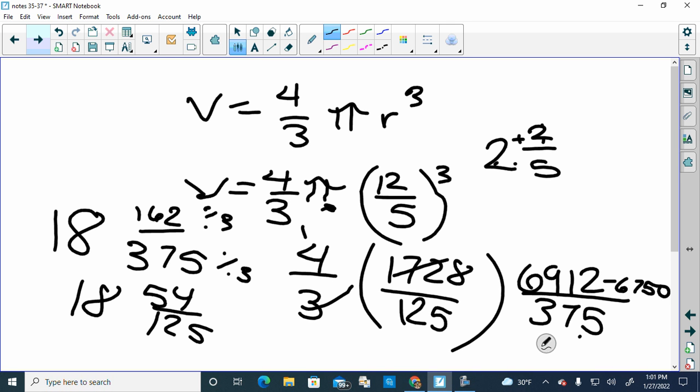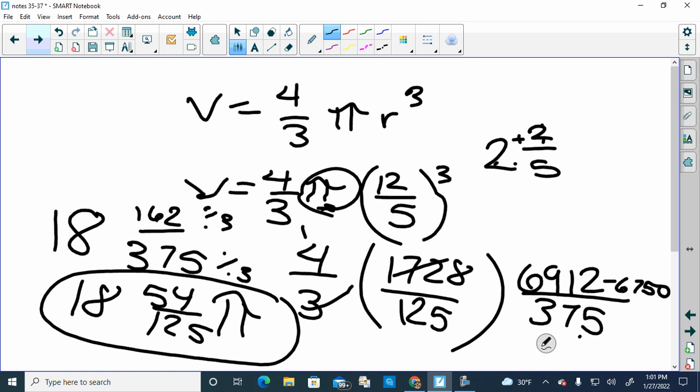But if you don't, 4 can't go into 125, but 3 does go into 17.8, which would help you get to the 54. Okay, so that is our answer. Oh, and pi. Sorry, we forgot about pi. I left that out, because they wanted it left in terms of pi.